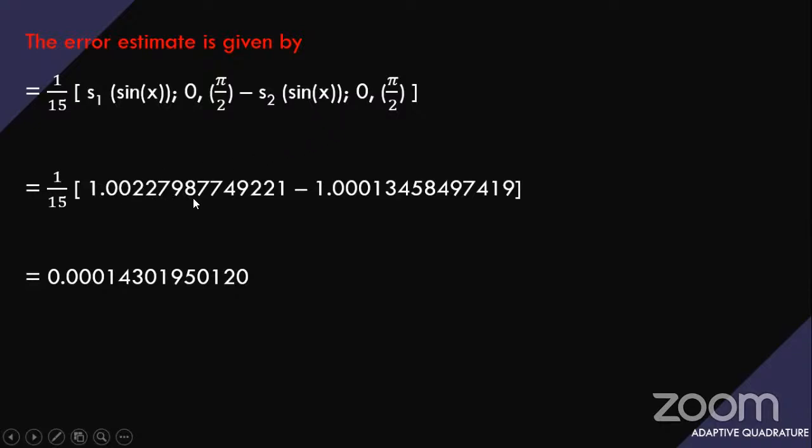Then we'll subtract these particular values and divide by 15, which takes us to this particular value, 0.00143.